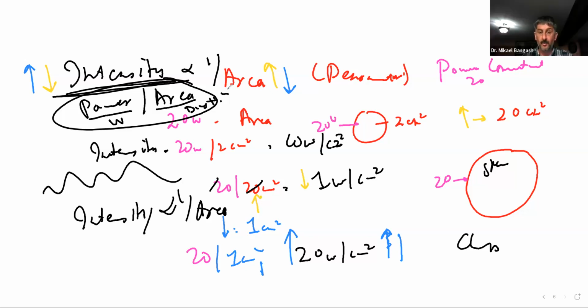And of course, the relationship is important. Clear? So the main thing that we just established was that power is directly proportional to intensity.